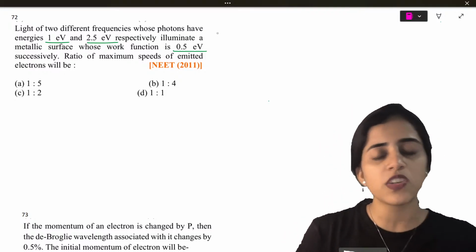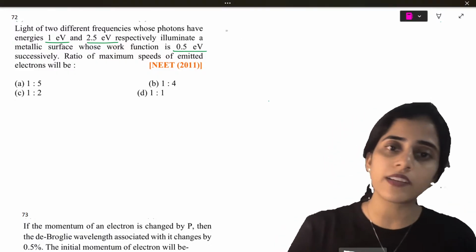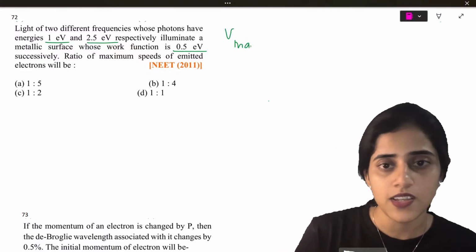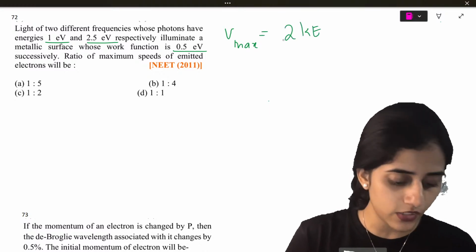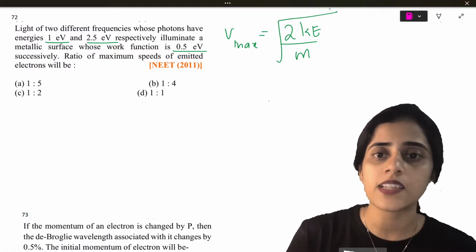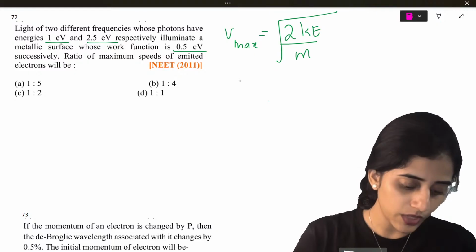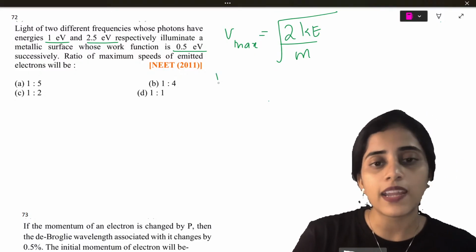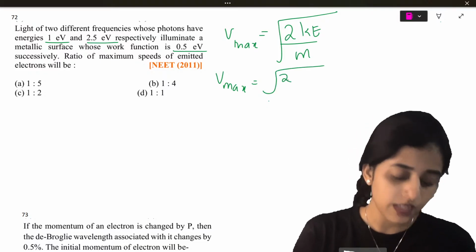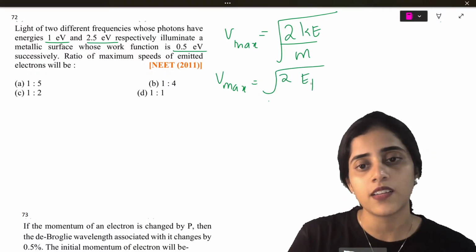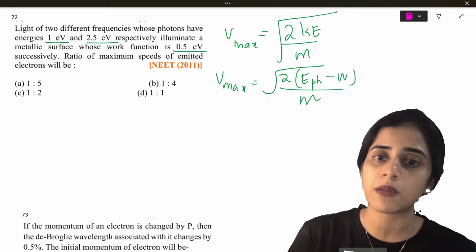First thing, we know that kinetic energy is half mv square. So I will rearrange it and make the equation V max is equal to the square root of 2 times kinetic energy by mass. Now, I take kinetic energy as the difference between the photon energy and the work done, so E minus work function, the whole divided by mass.